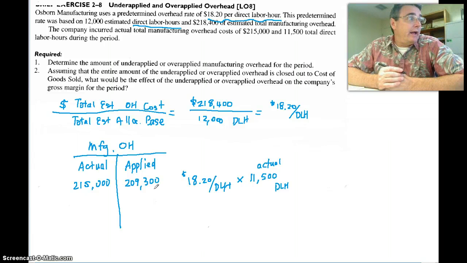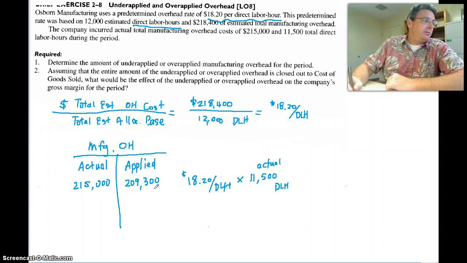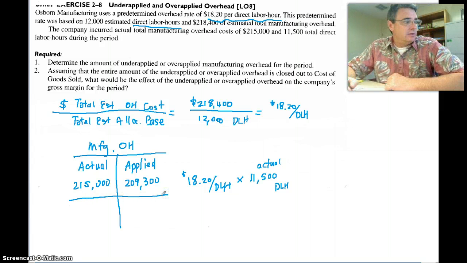So now how do you answer requirement 1? Determine the amount of underapplied or overapplied manufacturing overhead for the period. We simply need to calculate the balance in our manufacturing overhead account.